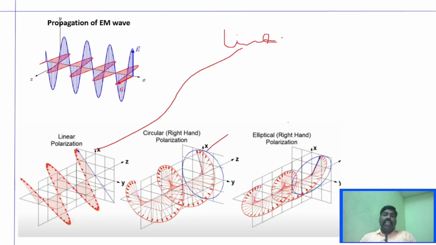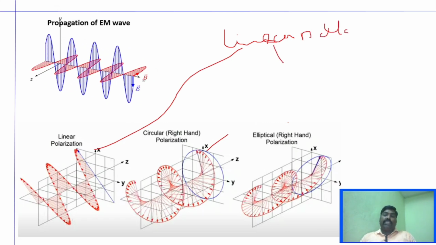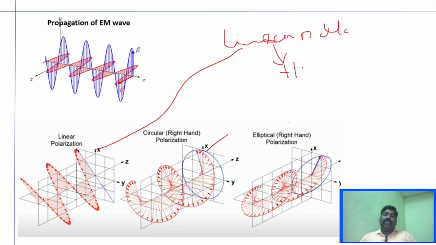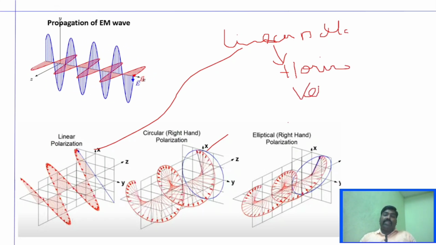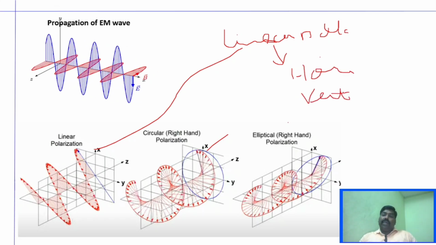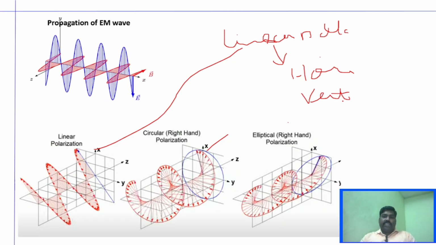When we say linear polarization, it can be of two different types: horizontal polarization and vertical polarization, which depends upon the plane in which the electric field radiates.